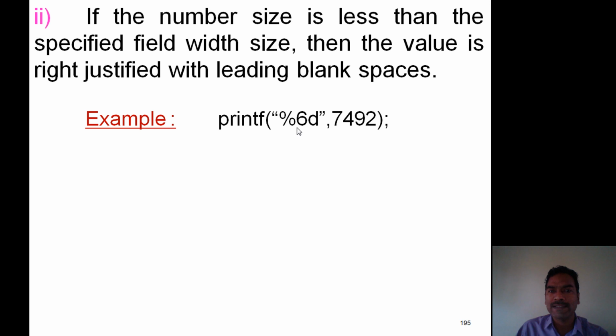The field width size is 6 and the value length is 4, so the field width size is greater than the number size. Now these are 6 columns, but we need only 4 columns. Hence the value is right justified: 7492 with 2 leading blank spaces.